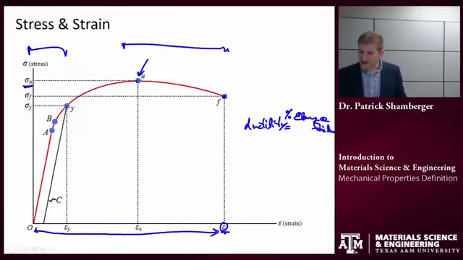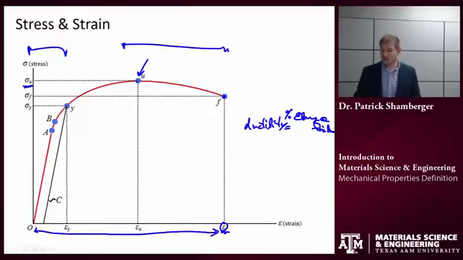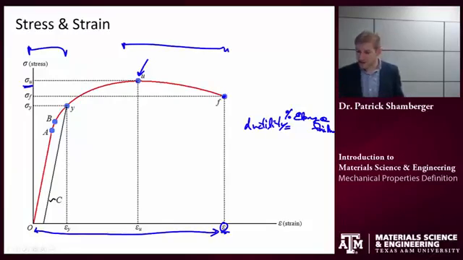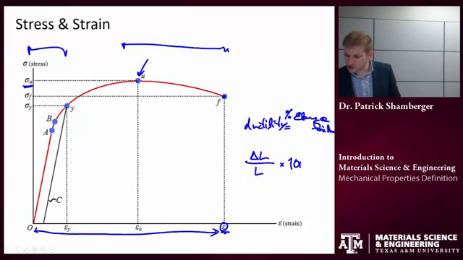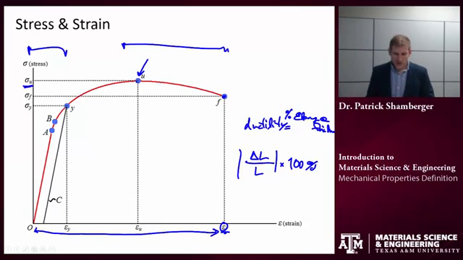And that is exactly what the failure strain is, right? So a percent elongation would be delta L over L times 100. And strain, again, remember, is just delta L over L. So that is ductility.